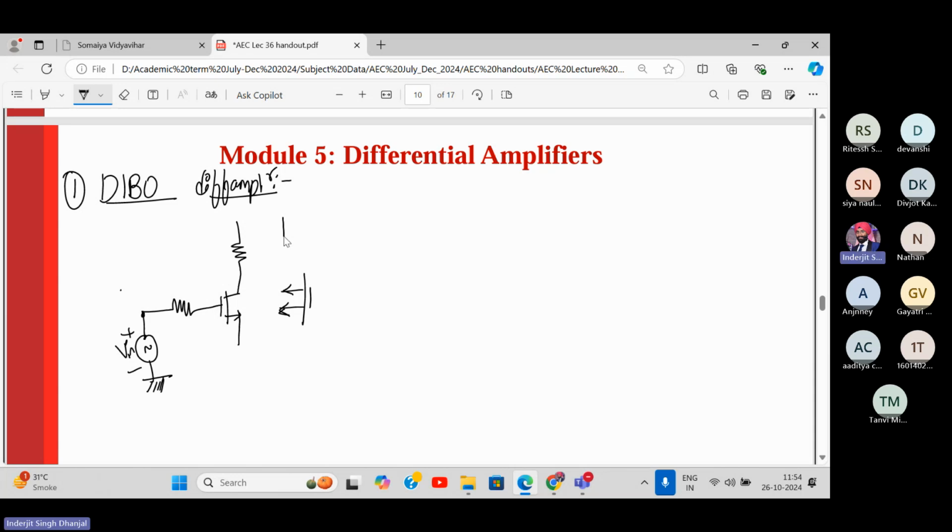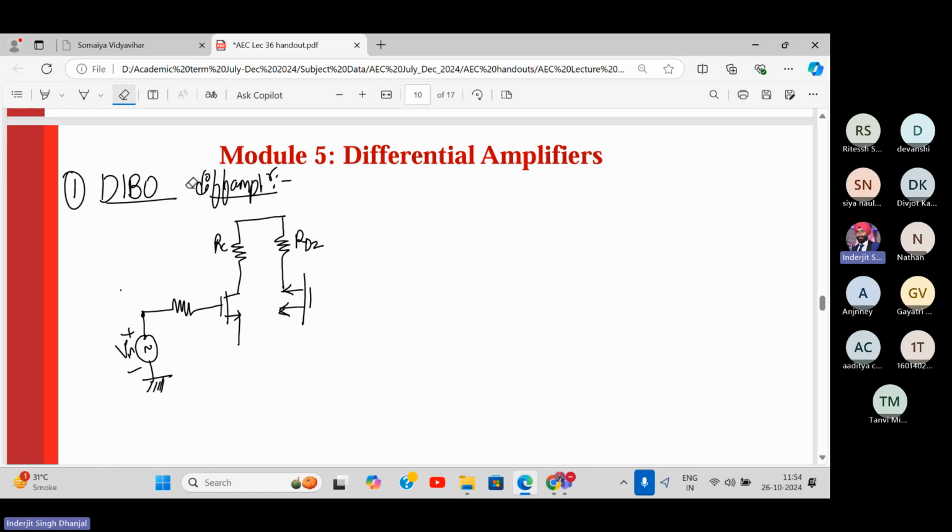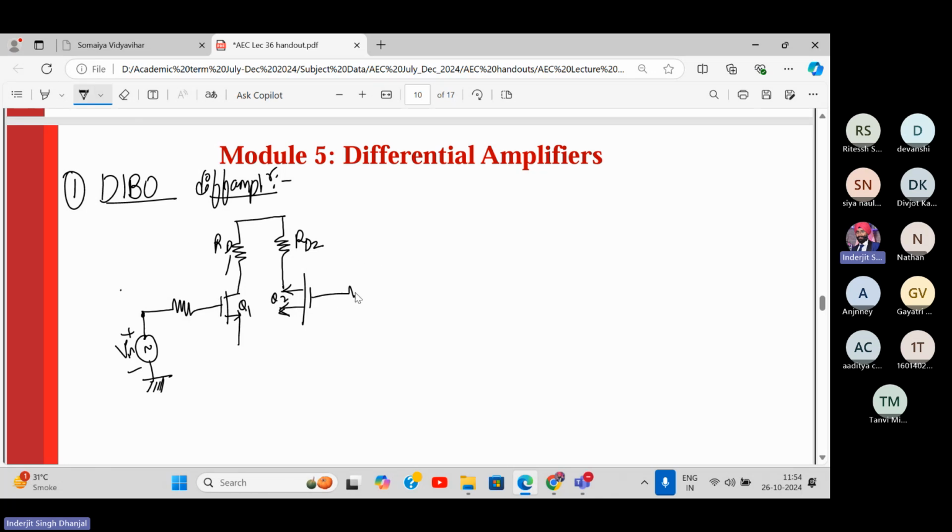This we have RD2, RD1. This is Q1 and Q2. Here we have one more resistor.